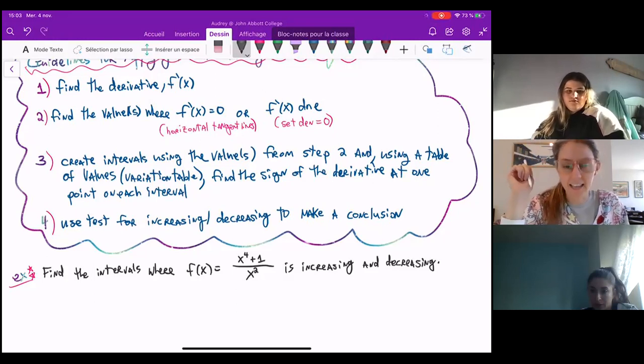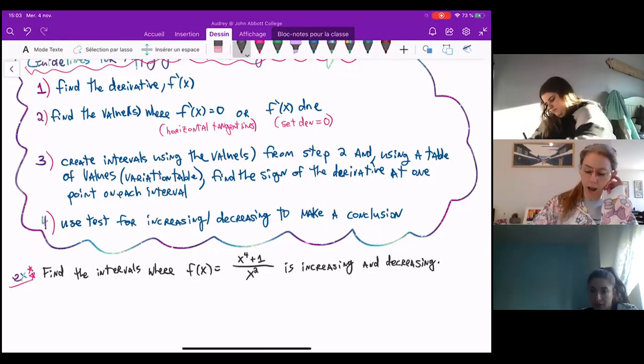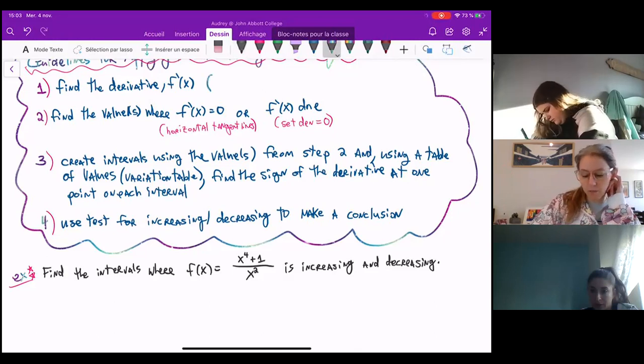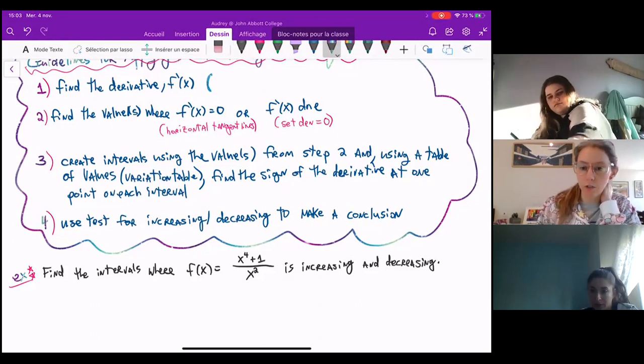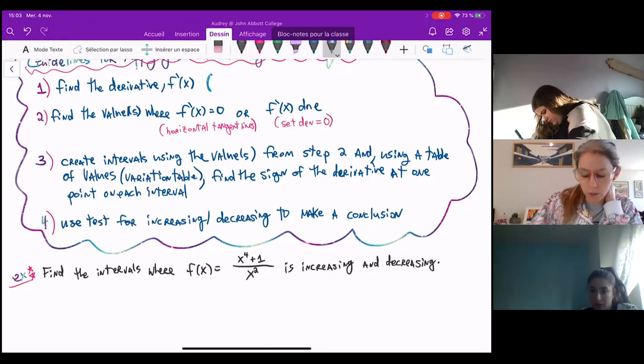Yes. So here, I'm going to put in parentheses because sometimes it's not going to be that important, but for the most part, we're treating this as a horizontal tangent line question. And in horizontal tangent line questions, we need to simplify. So we're going to put simplify in parentheses up here.